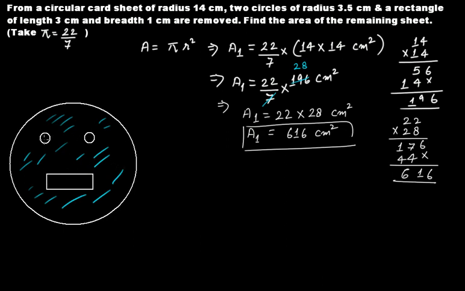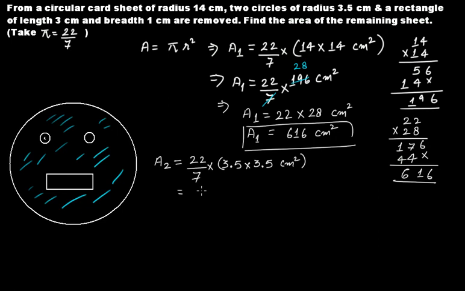So the area of this small circle, let's represent it as A2. So A2 is again pi, which means 22/7, times r square, which means 3.5 times 3.5 centimeter square.